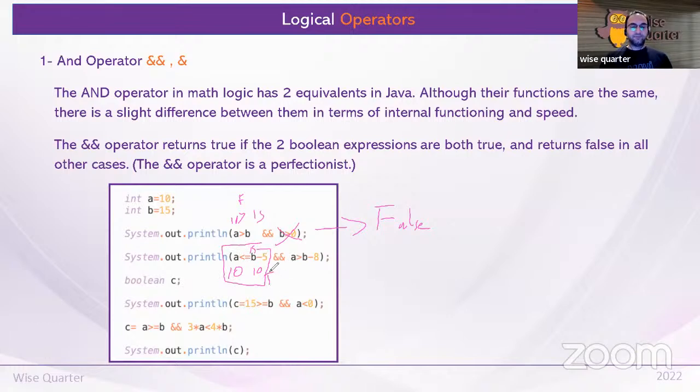And this one is true, but if this one is false, the result will be false. Both of them should be true. It says A is higher than B minus 8, which I think is 7. And it is higher, right? This one is also true. So true and true will give us true.